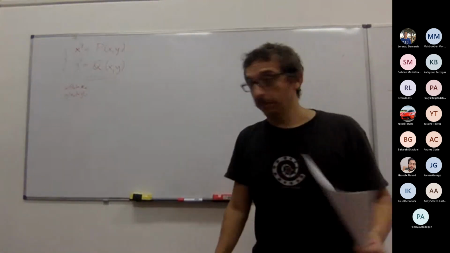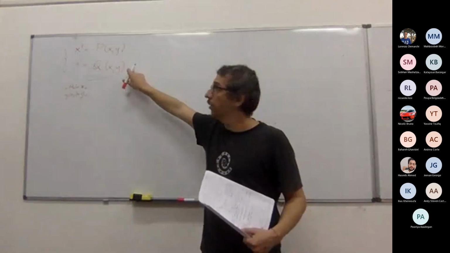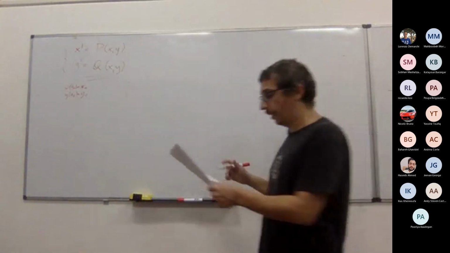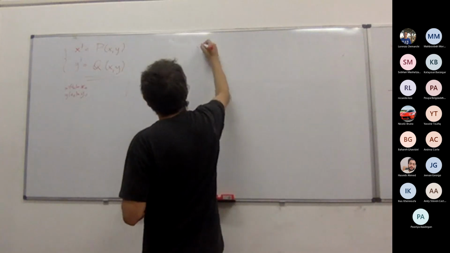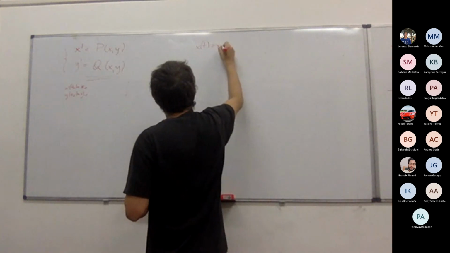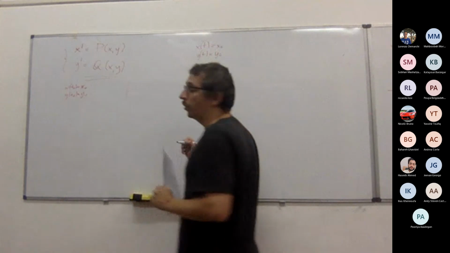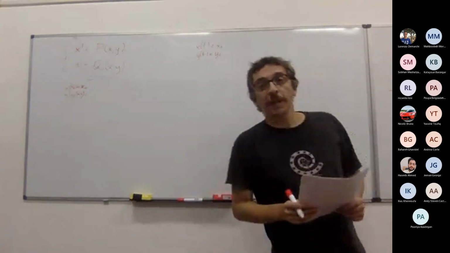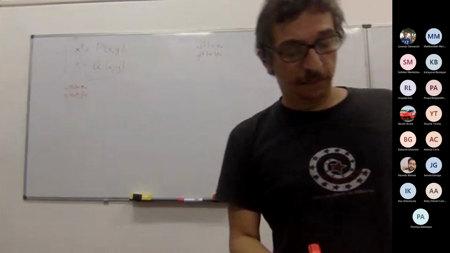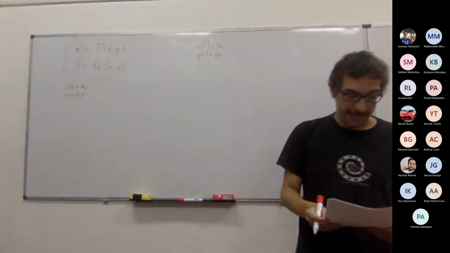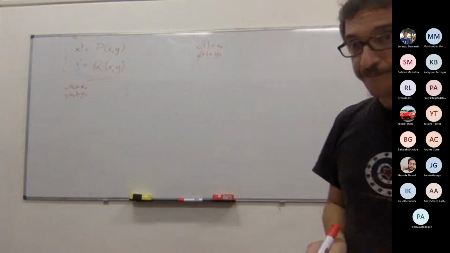A solution of this equation with this initial data, such that x of t is equal to x naught and y of t is equal to y naught, is called an equilibrium of the initial value problem.